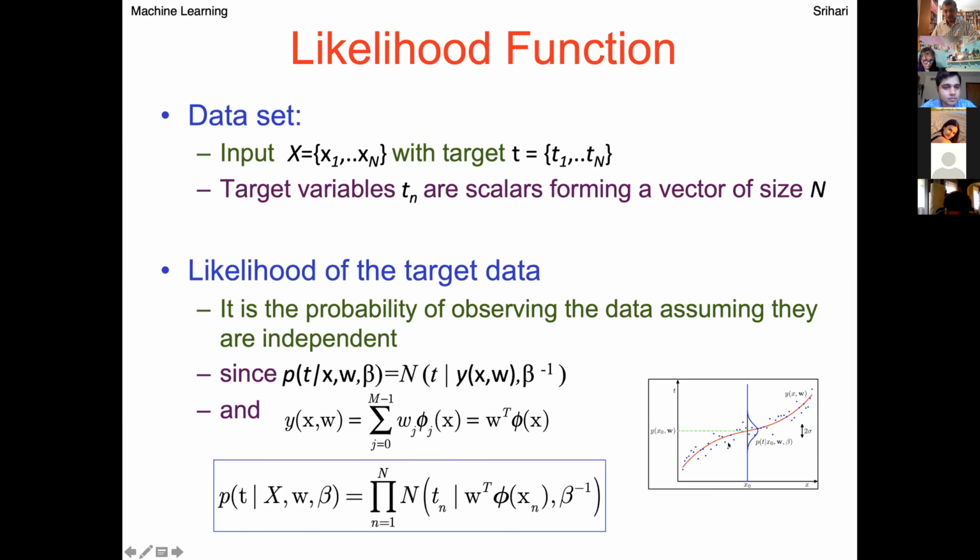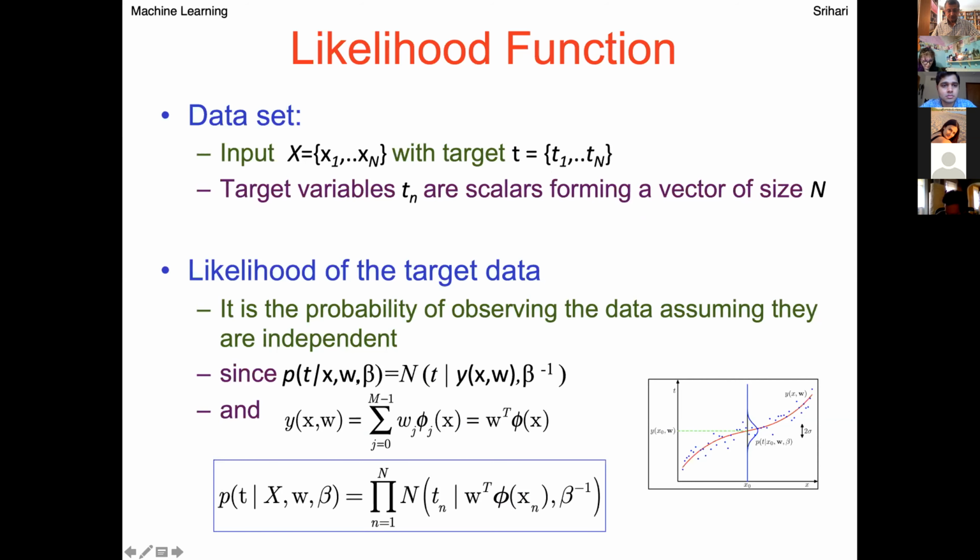Look at this data set on the right here. It's a normal distribution. This red curve is the mean, that's the y function. And what you're observing is not exactly the red curve, but points around the mean. And it's being illustrated by this Gaussian that's being drawn centered at the mean here, shown vertically here.